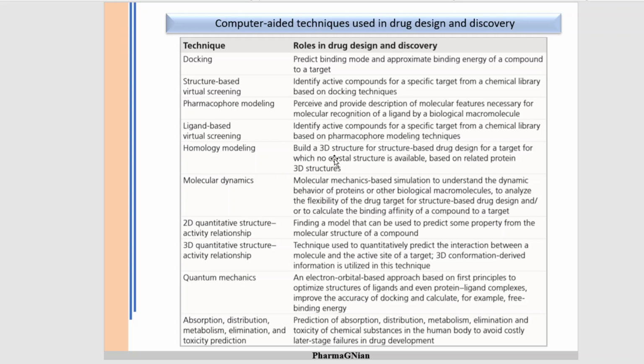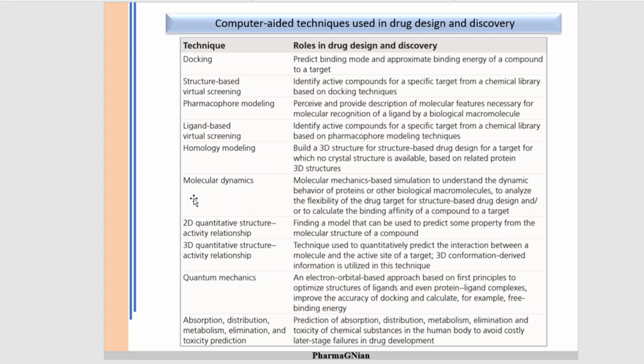It has the role to build a 3D structure for structure-based drug design for a target for which no crystal structure is available, based on a related protein's 3D structure. We will see in the coming slides what homology modeling is and what software is available in the market.